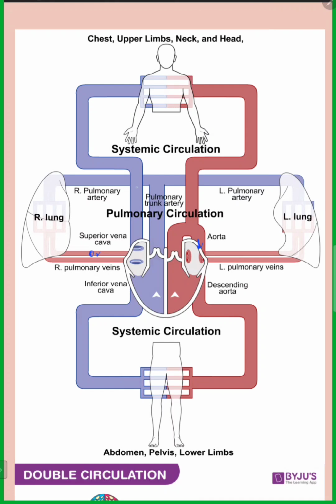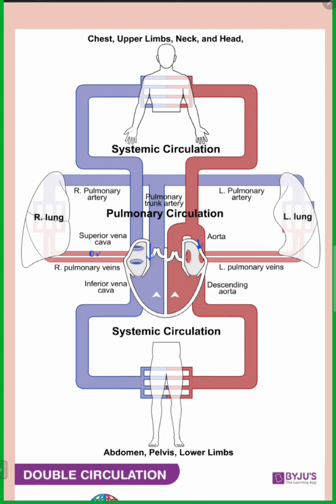After entering the aorta, it gets distributed and then again enters into the right atrium, and after that it passes into the lungs again.